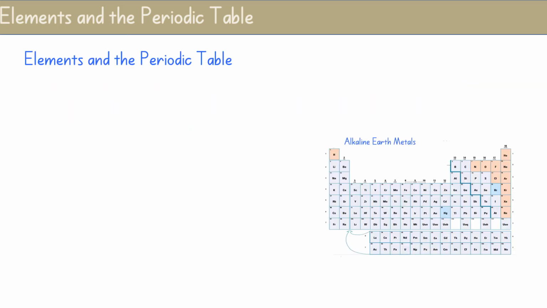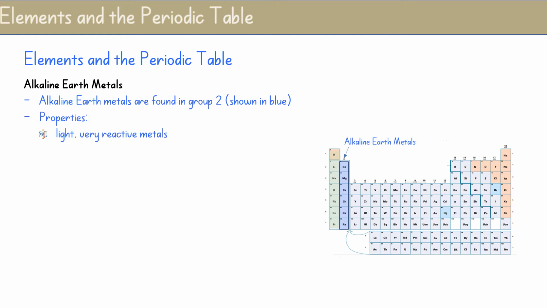Next, we have the alkaline earth metals, group 2. Alkaline earth metals are found in group 2 and they're shown in blue. Here are their properties. They're light, very reactive metals, solid at SATP, exhibit metallic properties.